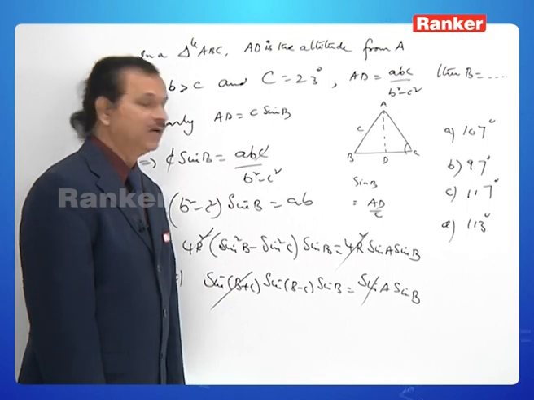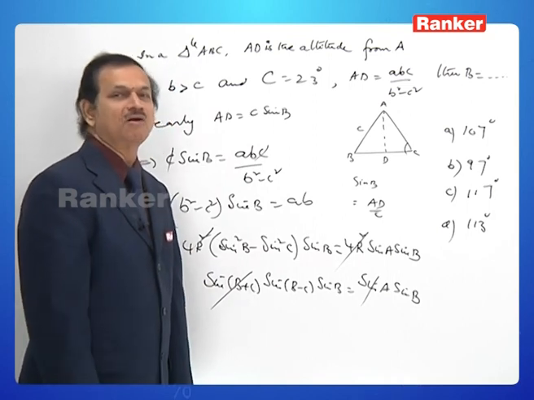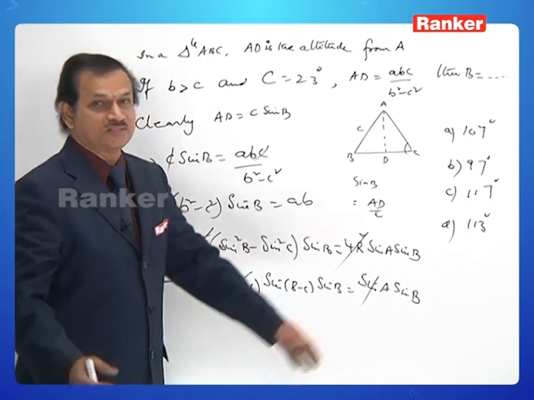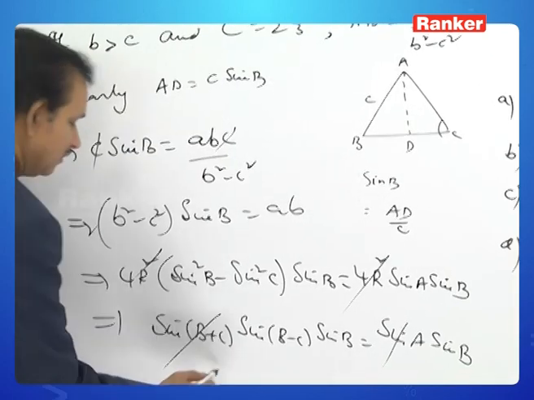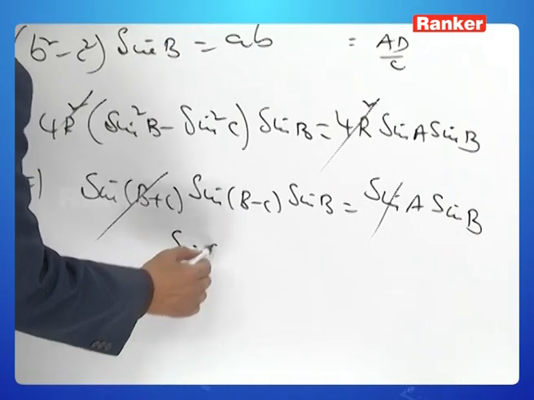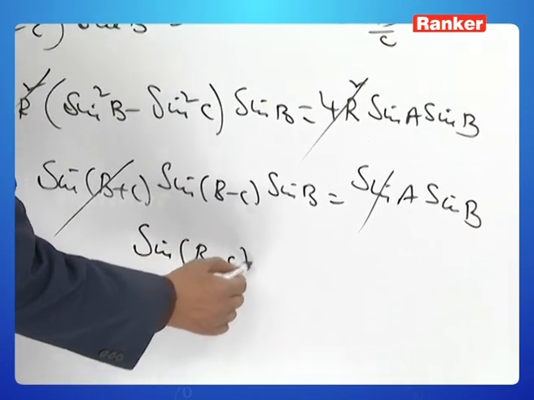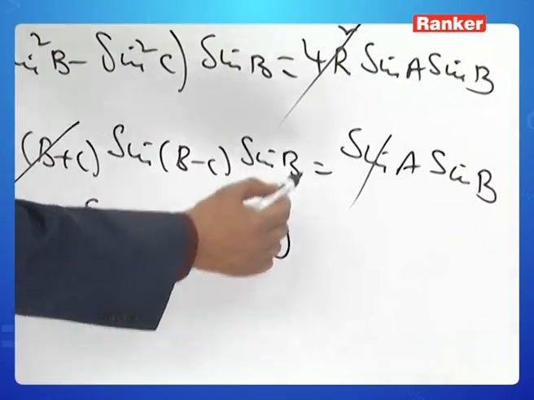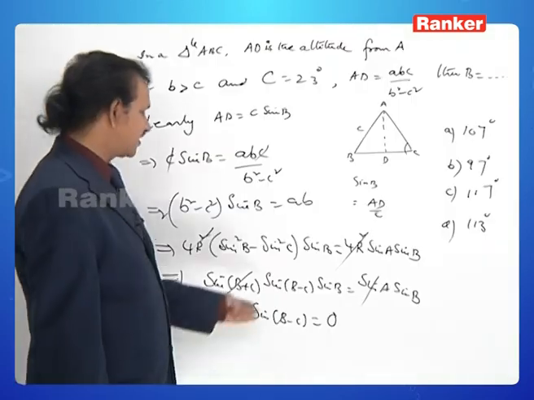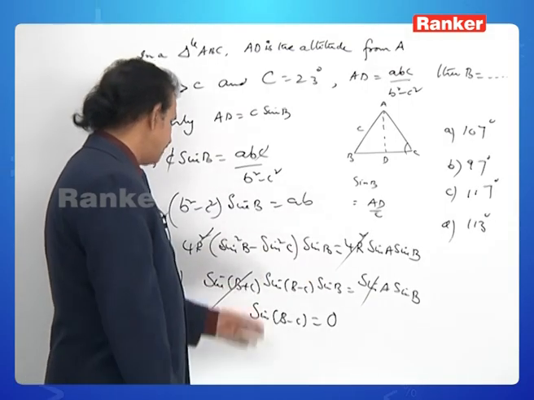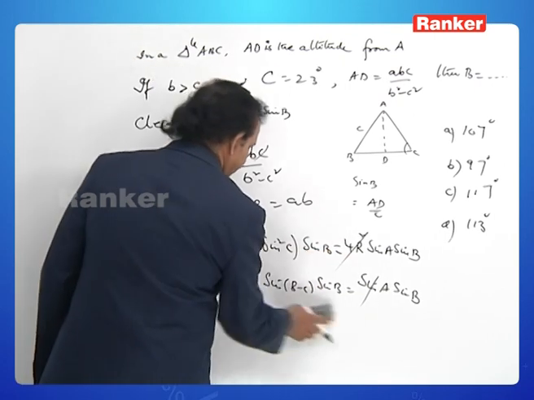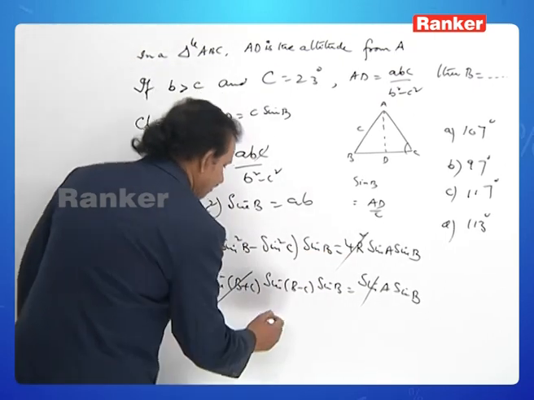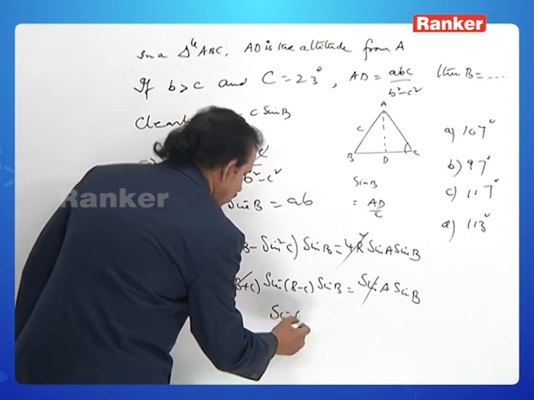Why? Because B cannot be either 0 or 180, because it is an angle of a triangle. Therefore, after cancelling sin A, sin of B plus C and sin B, at last we have sin of B minus C is equal to 1.